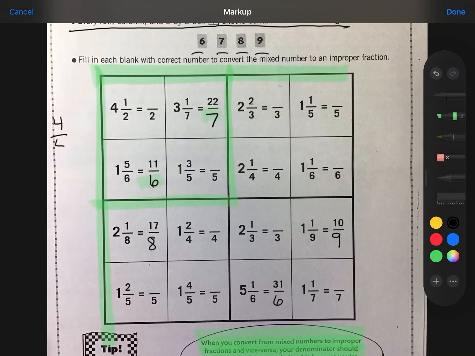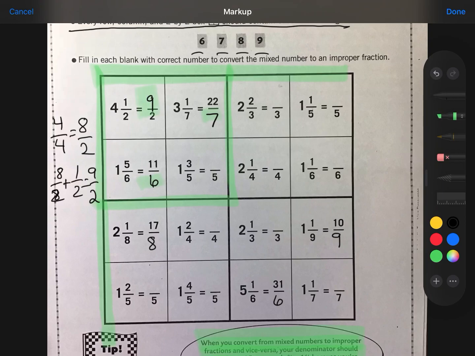So remember 4/4 is really 8 halves. And then if you added another half to 8 halves, you would have 9 halves. So I have my 9.